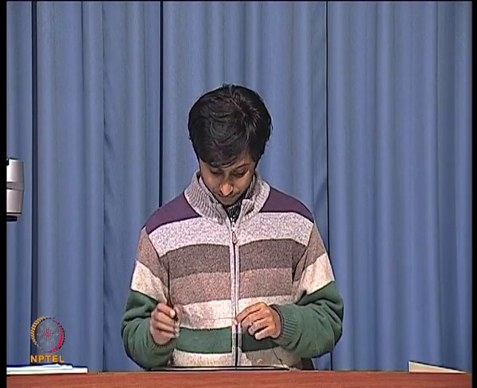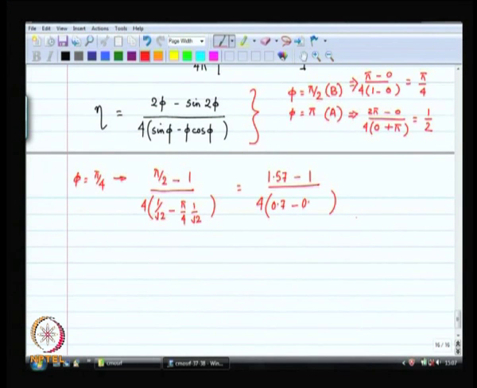So, 3.1 by 4 is how much? 0.78, into 0.7. So, let us approximate it as 0.8.